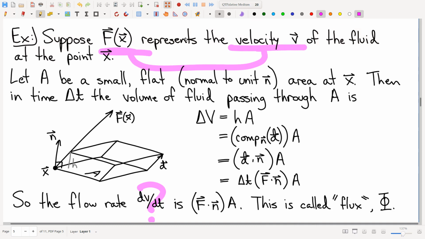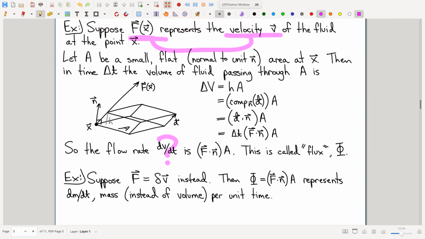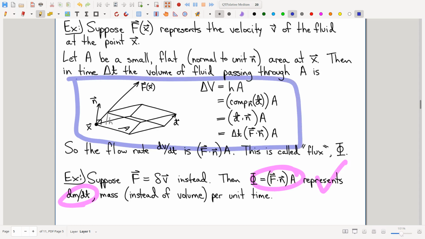Okay. All right. So, again, give this a try. A real quick hand wave as to how you're going to do this. The way that you're going to draw the conclusion that this represents mass per unit time is you're going to draw a picture that's morally equivalent to this, except instead of computing delta V, you're going to compute delta M. And you're going to write down a formula that looks a lot like this, and develop it in a way that's very similar to how we developed this.